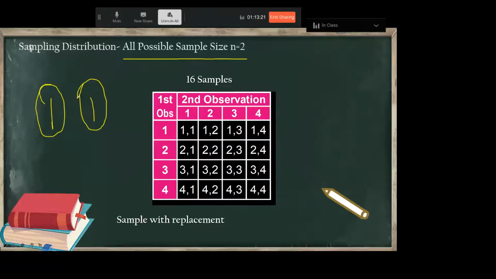It can be one and one because there are total four people. Let's say their registration numbers are 1, 2, 3, 4. So first I will take a student with registration number 1, and the possibility with itself is 1, right? So the second observation is also 1. Of course I'm going to take it with replacement.